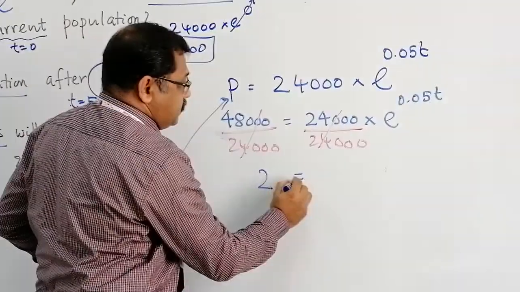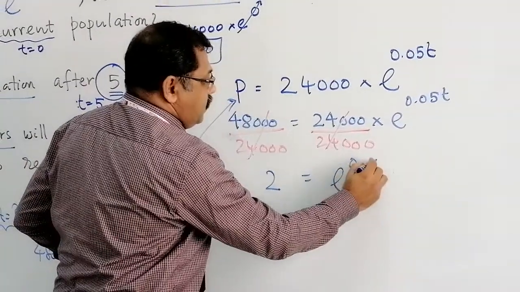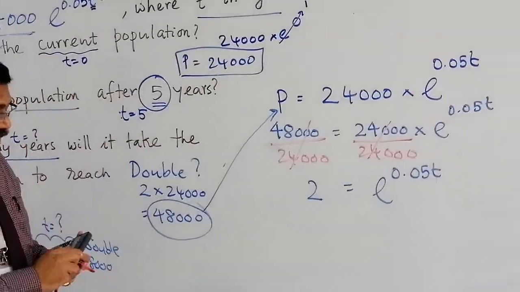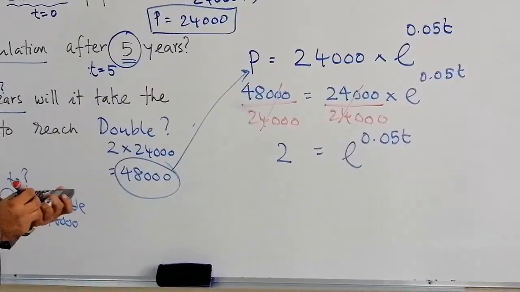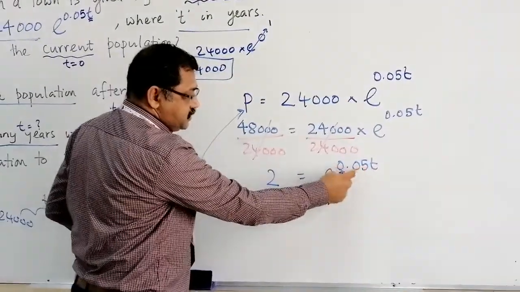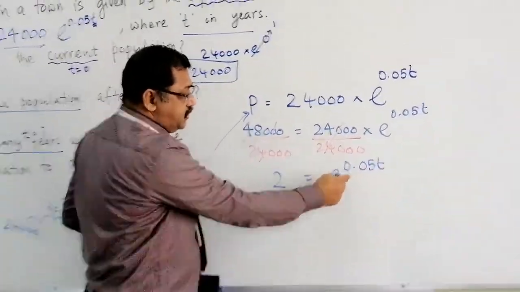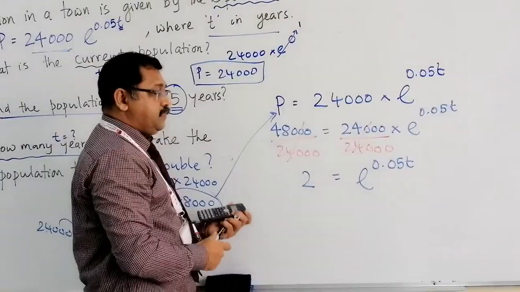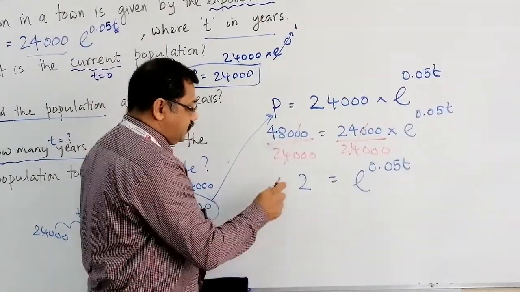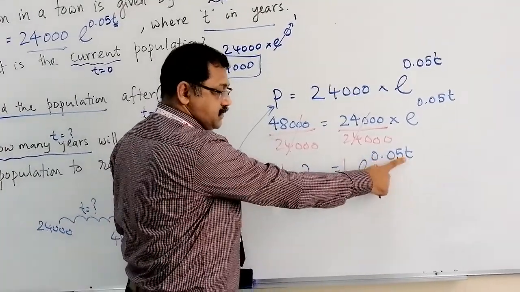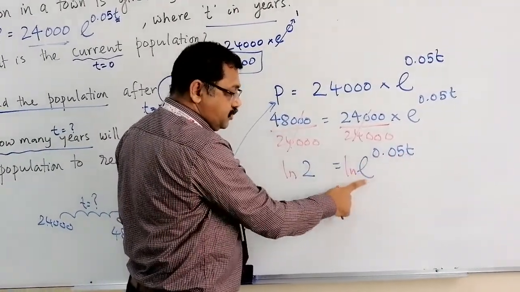And the right side is equal to e raised to 0.05t. We know using the laws of logarithms, we need to bring the exponential function down by applying ln on both sides. So we apply ln on both sides, ln here and ln here, because it's an exponential function with the base e.